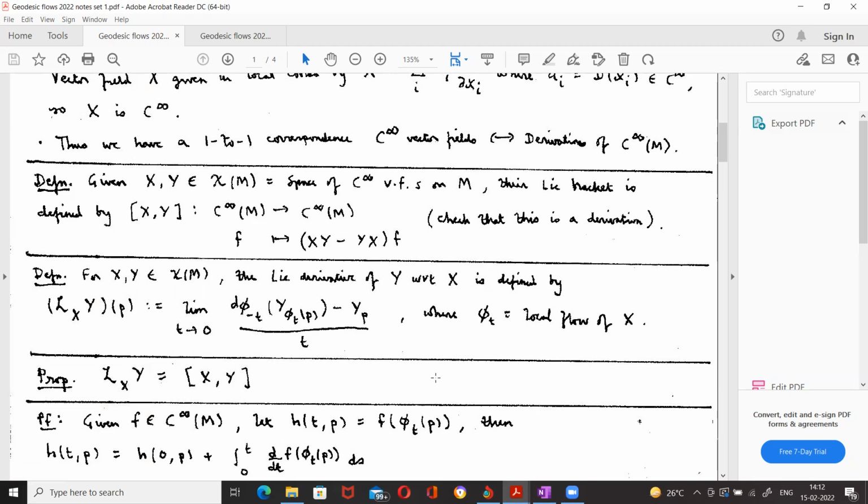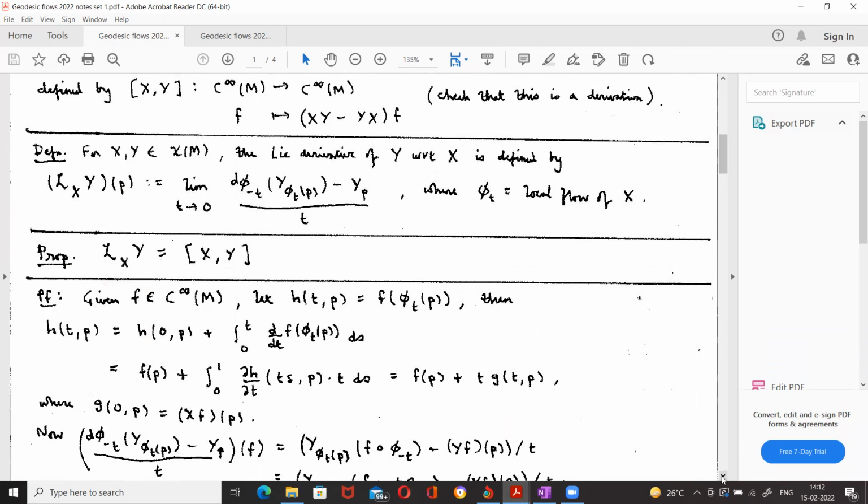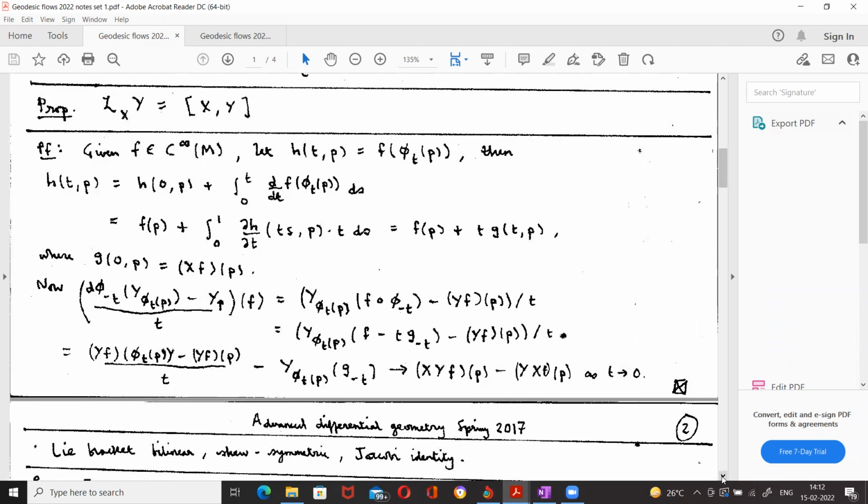So this proof shows that this limit exists, and it defines a smooth vector field, because we know the Lie bracket of two smooth vector fields is a smooth vector field. Okay, so this is where we finished last time. So any questions about this so far?